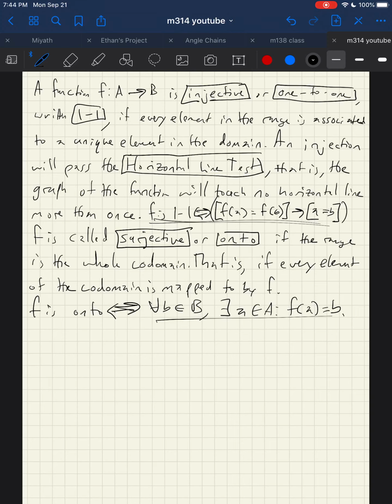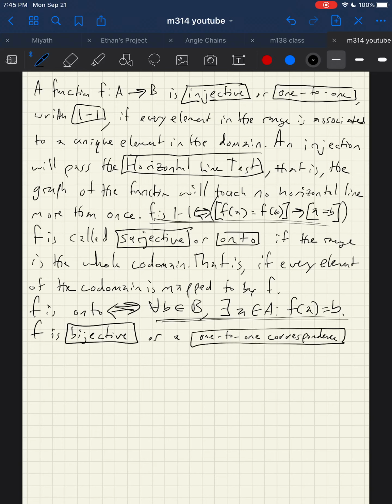So this is the symbolic way to say f is 1-to-1. This is the symbolic way to say f is onto. All right. Finally, we say f is bijective, or a 1-to-1 correspondence, if it is 1-to-1 and onto.